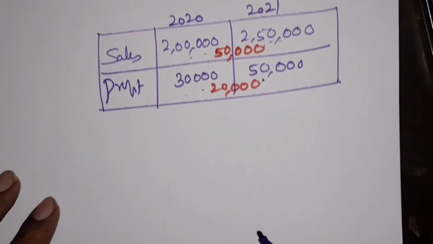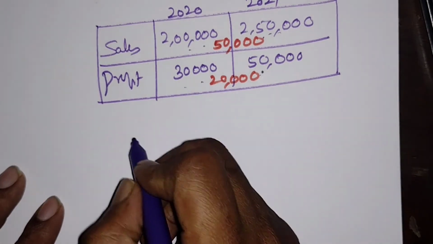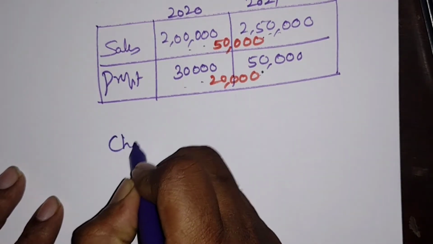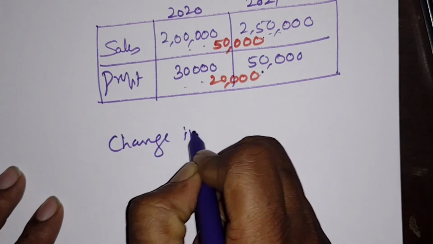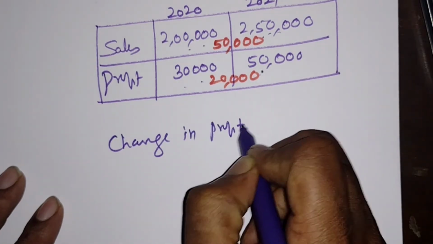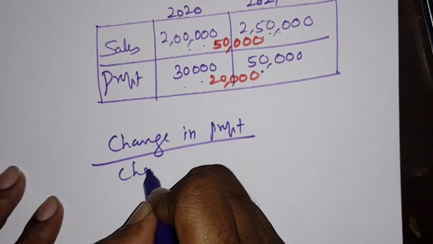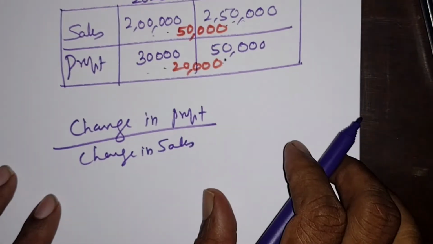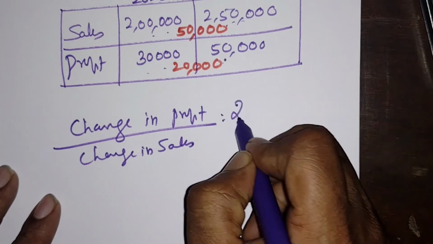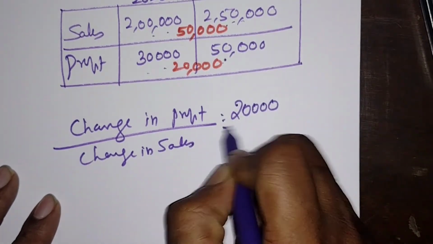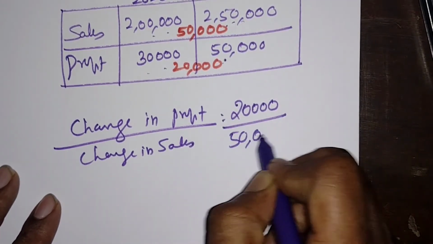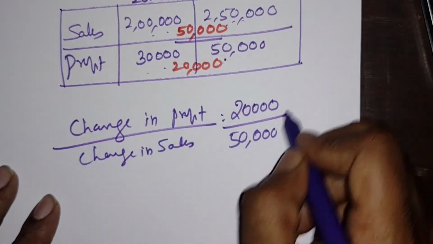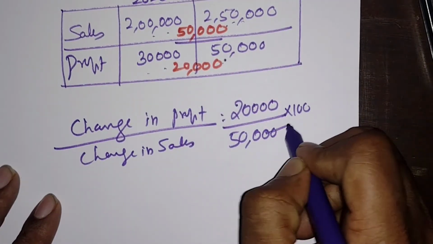Based on this only the formula is going to appear. The formula is change in profit divided by change in sales. Change in profit is 20,000 divided by change in sales 50,000 into 100.